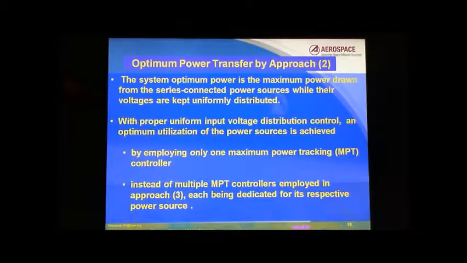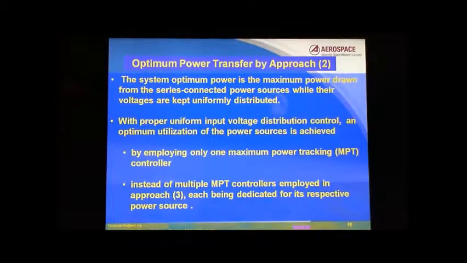Optimum power transfer of uniform voltage distribution. The system optimum power by definition is the maximum power drawn from the series connected power sources while their voltages are kept uniformly distributed or equal.